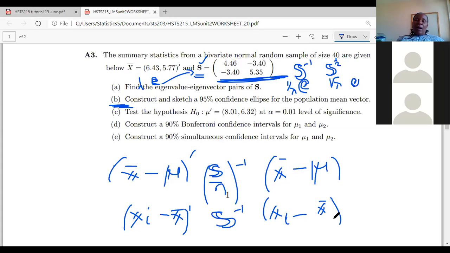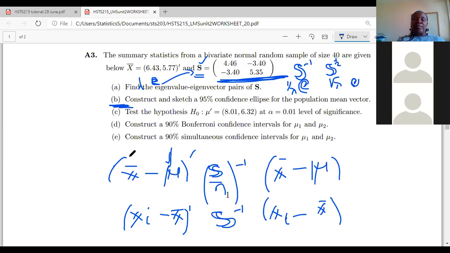So I want to point out the structure of these quadratic forms, but what you have to take note of is that the variance of x i is S, right? The mean of the x i is x bar, right? Then now we want the confidence ellipse for the population mean.